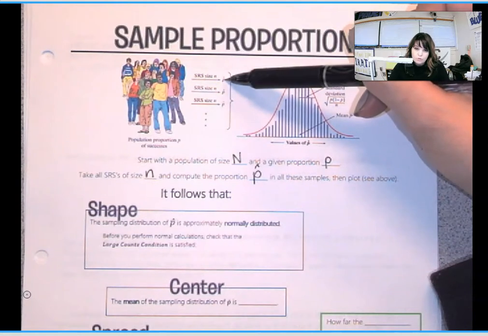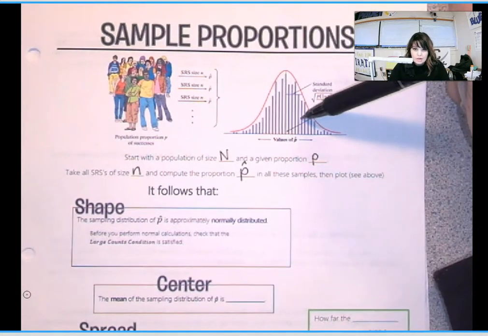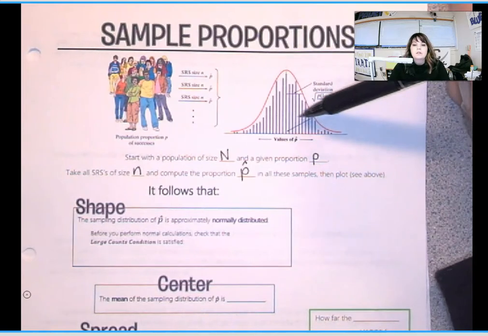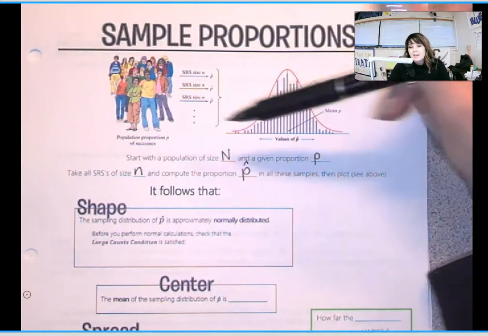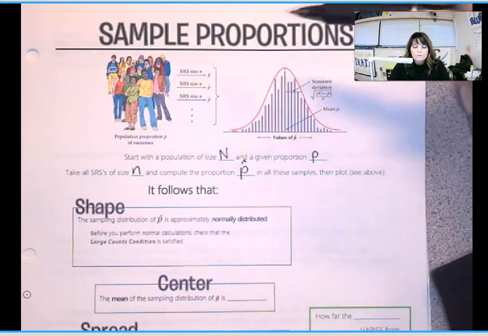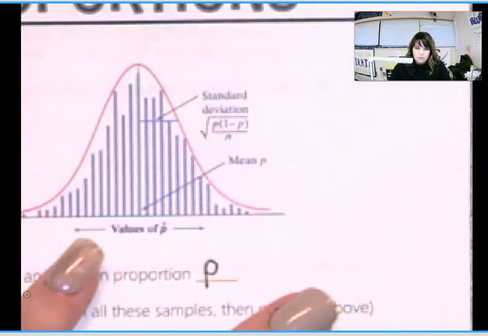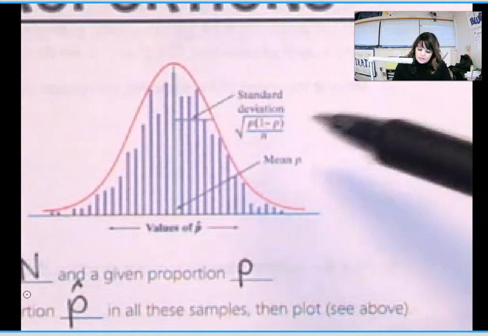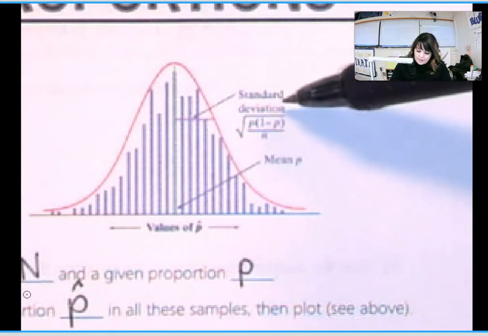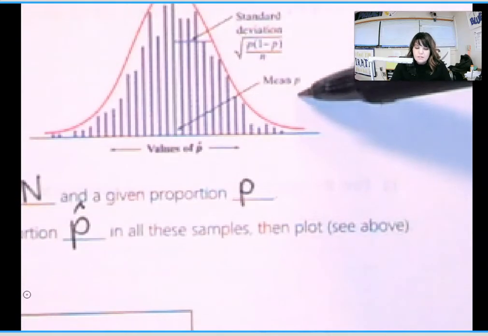You compute the proportion, and then you plot it on an x-axis. What follows then is what you can see very little next to this curve. It turns out that our standard deviation can be calculated and that the mean of our distribution will be at the center.